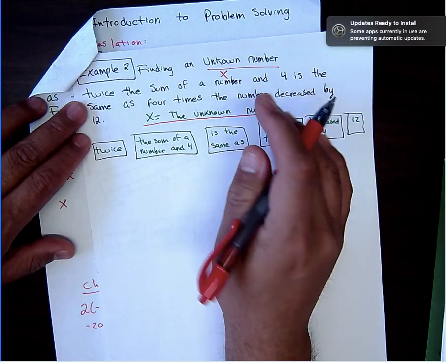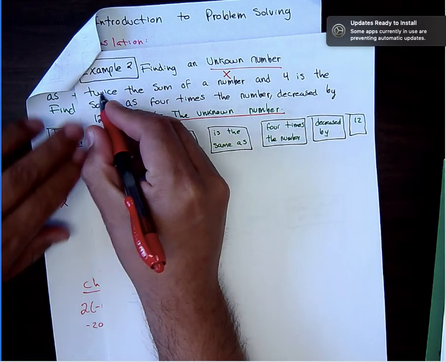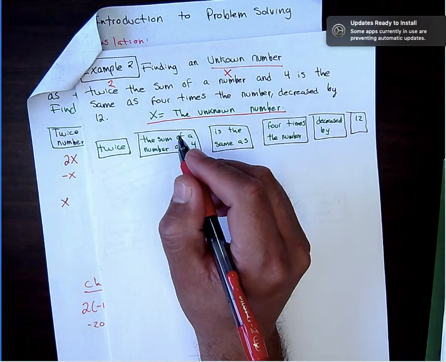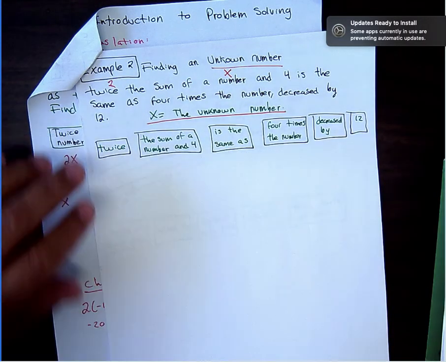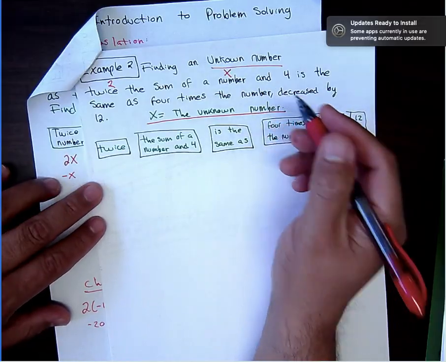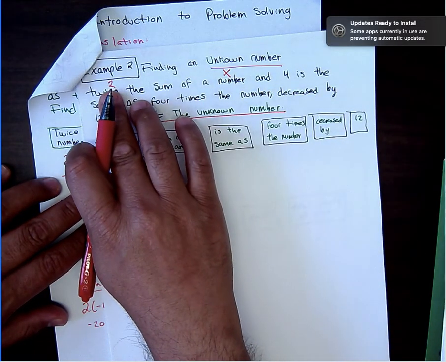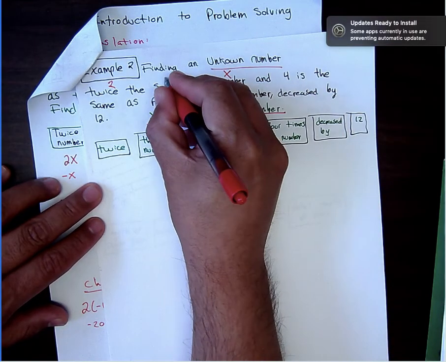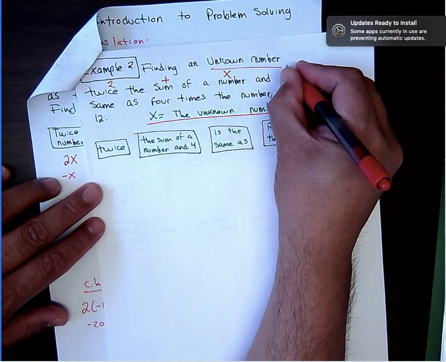Twice the sum of a number. So twice means 2. So twice the sum of a number and 4. So 2 times the addition of these 2. So sum means this and 4.